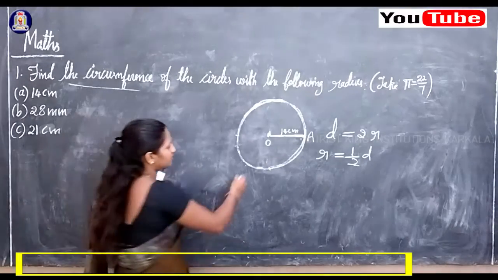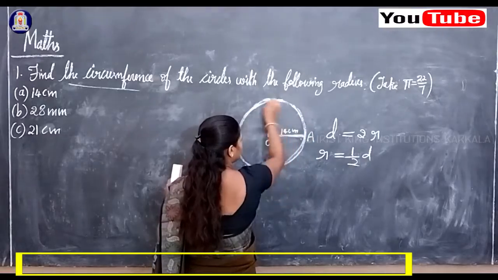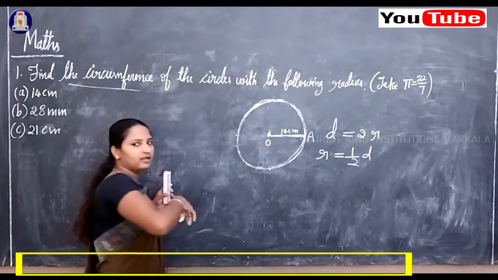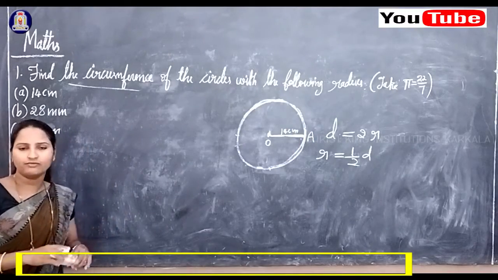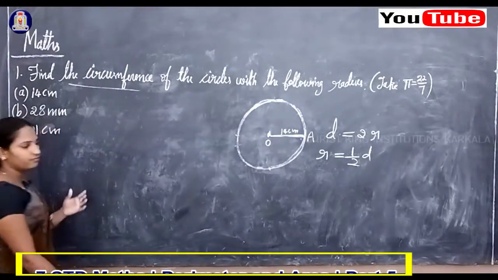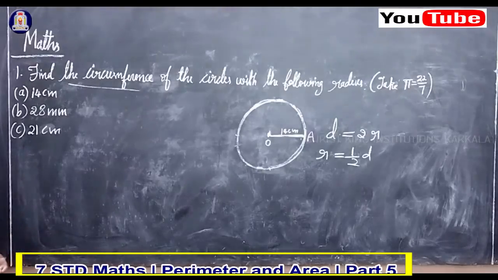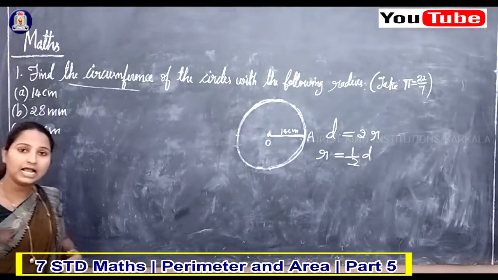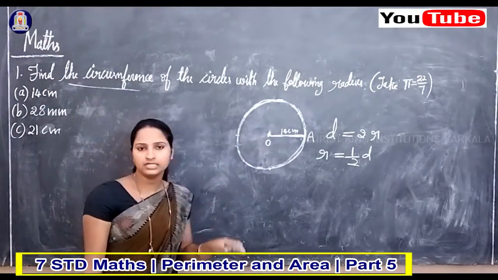Clear? So here, this is a radius. Now we have to find the length of the circle, or the perimeter of the circle, or circumference of the circle. We have two formulas, to find the perimeter of the circle and to find the area of the circle.